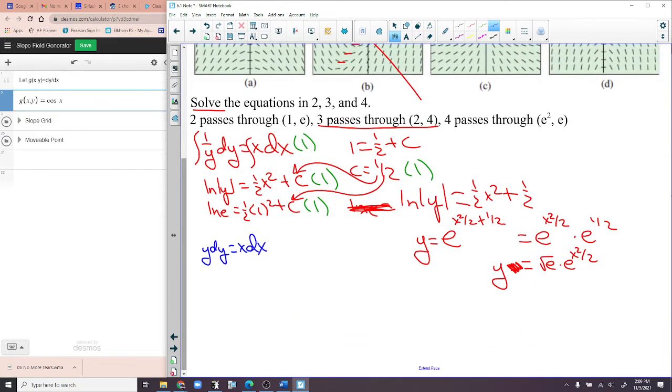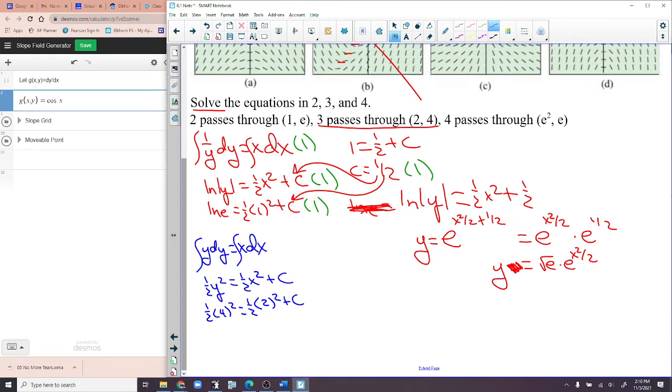So here's what you end up with. Integrate. 1/2 y squared is equal to 1/2 x squared plus a constant. On the rubric for these problems, you got to show that you're using the point. So 1/2 times 4 squared, 1/2 times 2 squared plus c.